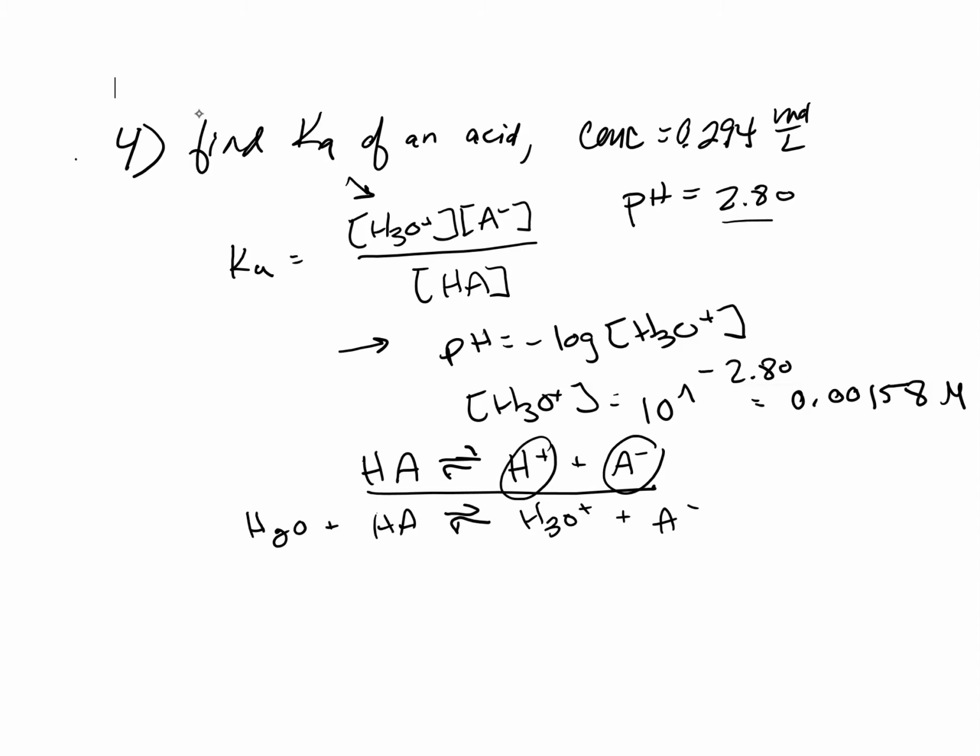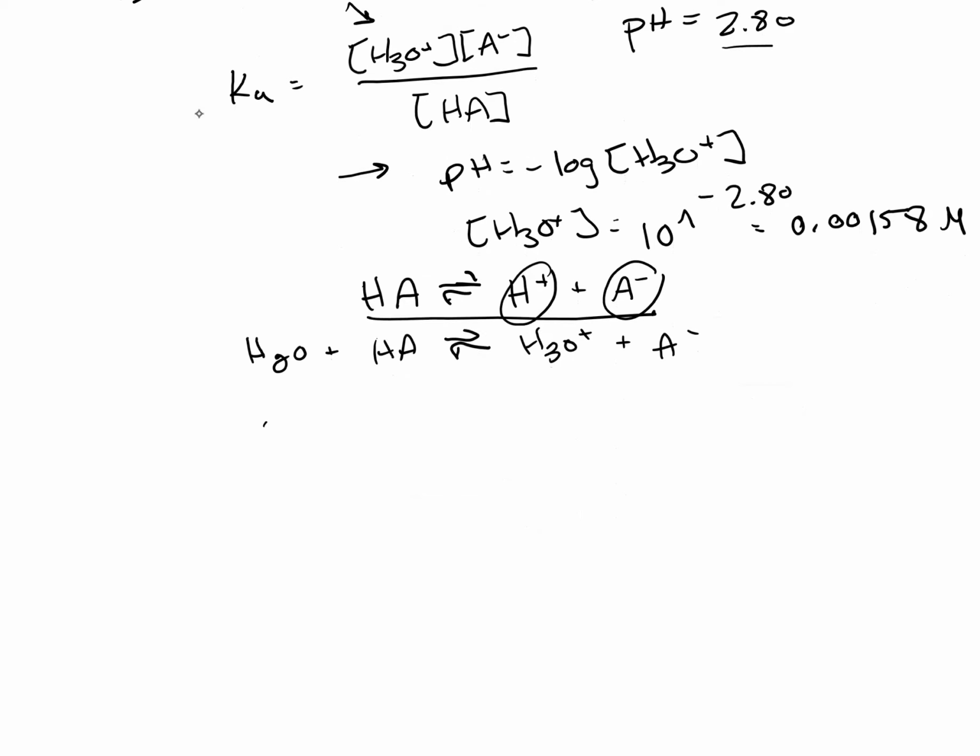So we can set up this relationship to say Ka is going to equal the concentration of hydronium, which is 0.00158 moles per liter squared, because it's 0.00158 moles per liter hydronium times 0.00158 moles per liter conjugate base.